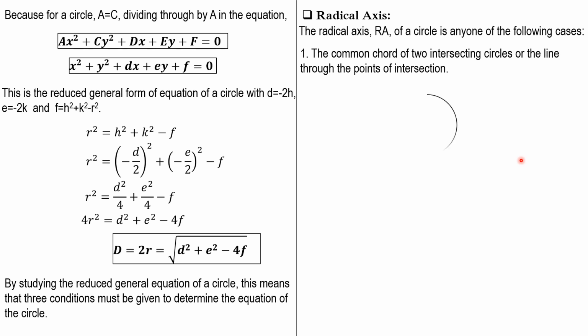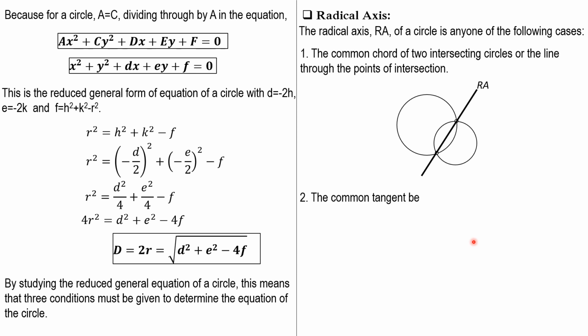So as shown in this figure here, we have two intersecting circles. The radical axis is simply this line through the points of intersection. And the second one is the common tangent between two circles.